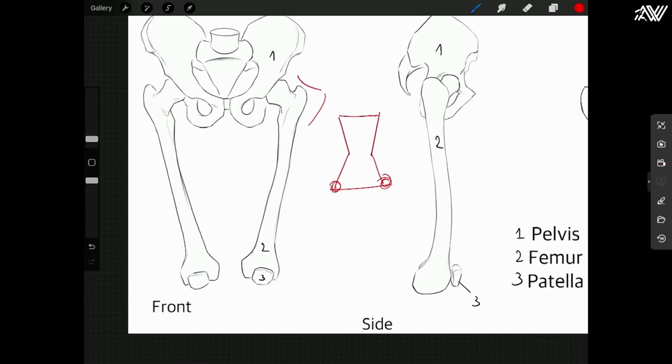So I sometimes see people get this wrong, where they think here's the belly button, and then this is all still part of the abdomen, and then we go into the legs like this. That's not actually the case. It's more like the pelvis sits here.